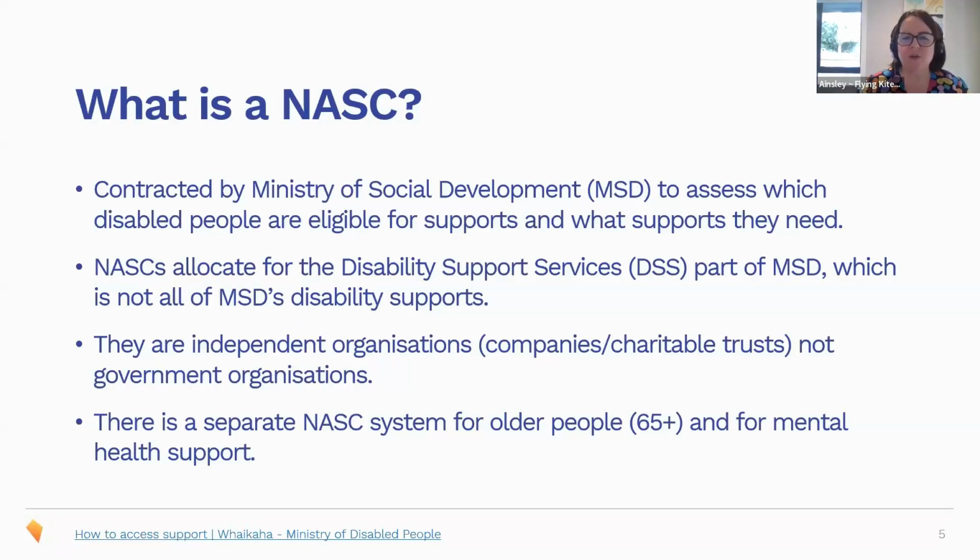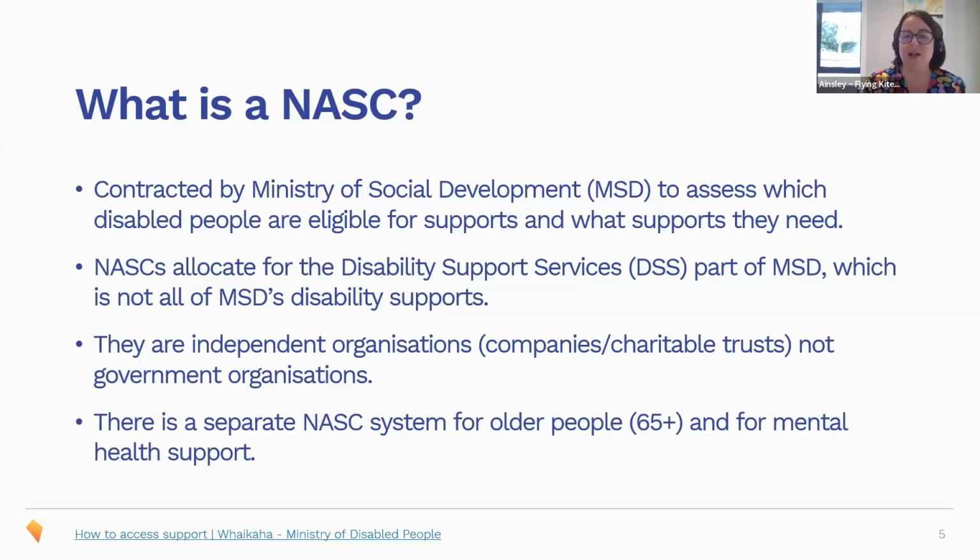It's important to note that they have a fixed amount of money, and they're trying to use that across all the people that they need to support in that space. They're also not government organisations; they're all independent. Some of them are companies, some of them are charities, some of them are parts of the DHB, or the old DHB. They all operate currently in really quite different and isolated manners.